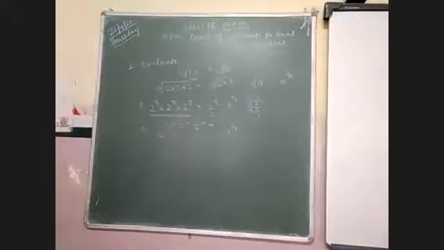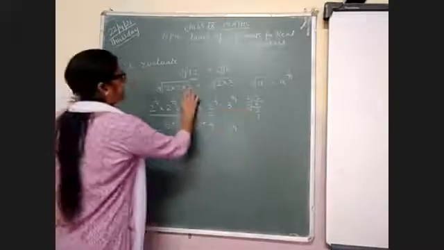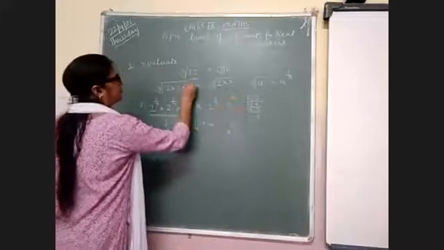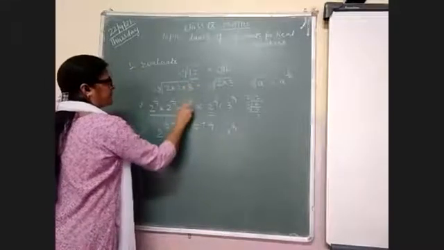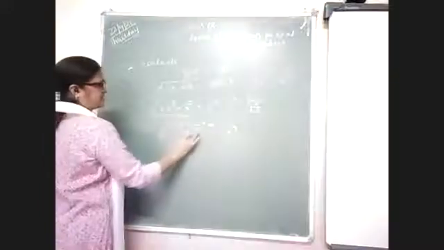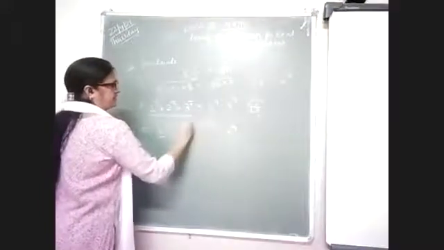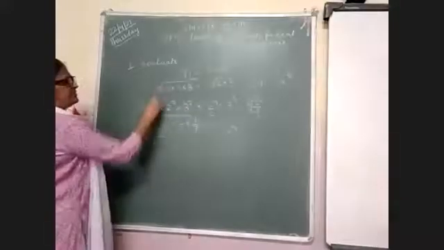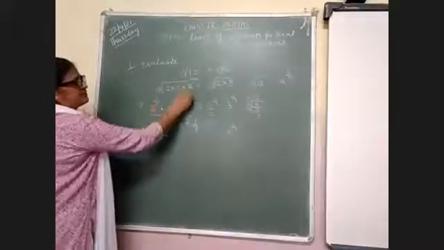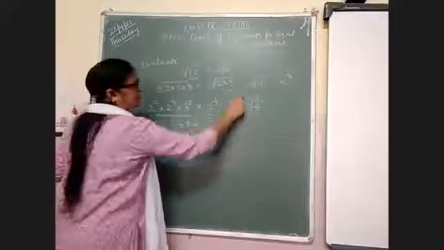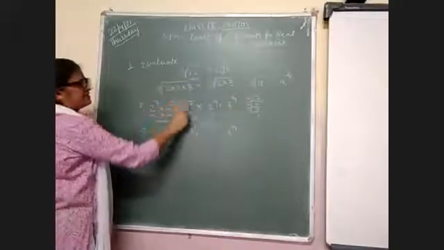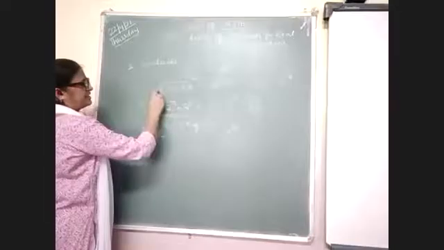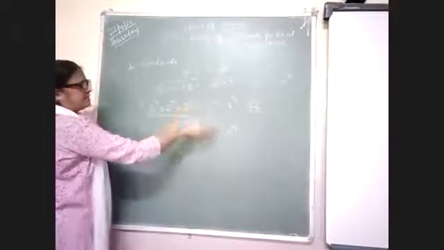Now how will you write this? Here there is 2 into 2 into 3, 2 twos are 4, 3 fours are 12. I made the prime factorization of 12 here, and this 3 to the root gives the power 1 by 4.